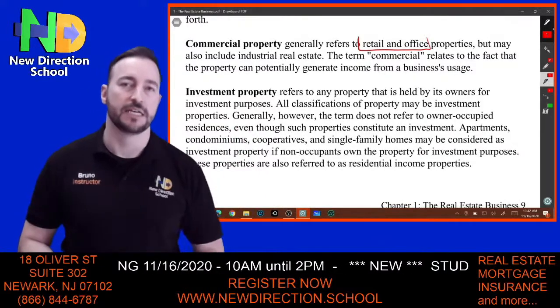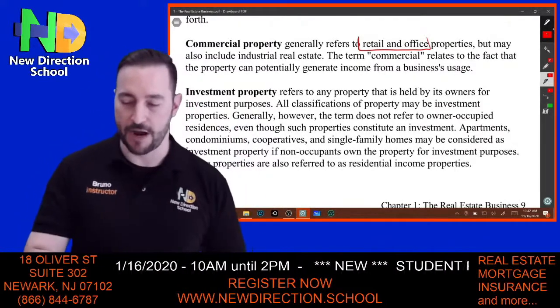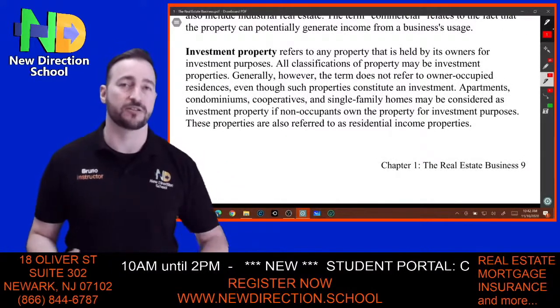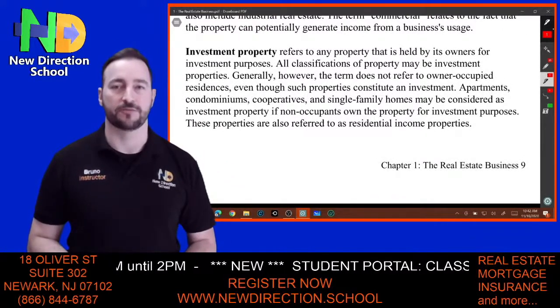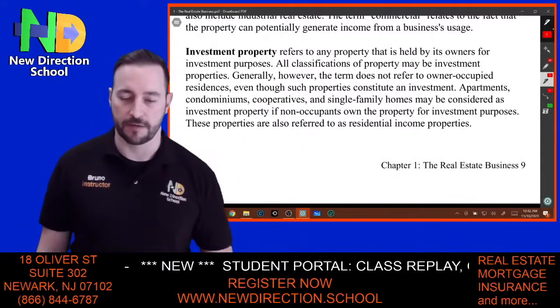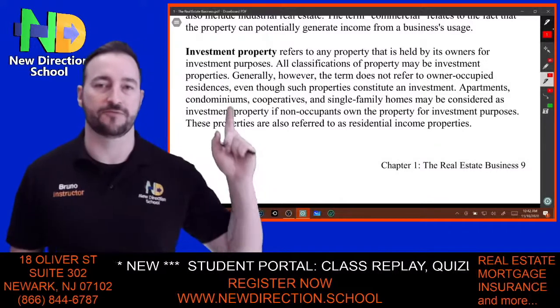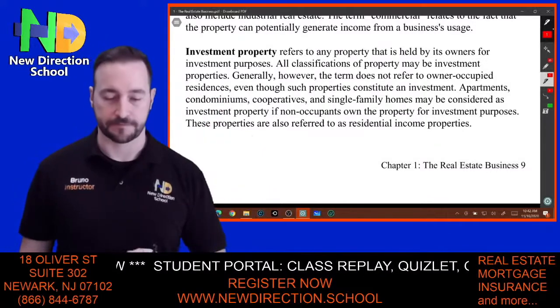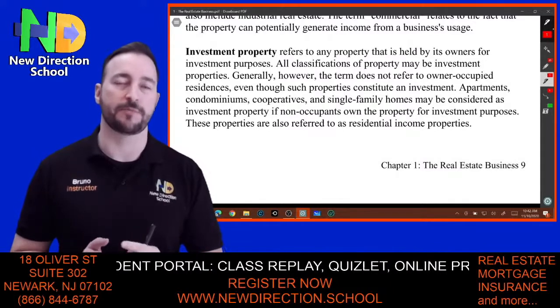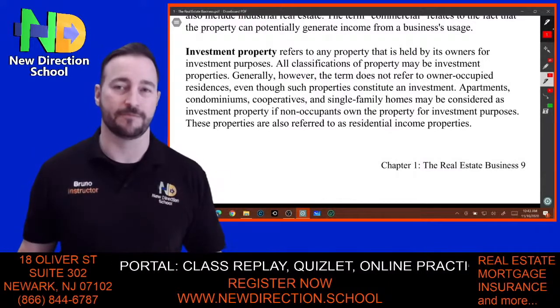Investment properties. These refer to any property that is held by its owners for investment purposes, and all classifications of property may be investment properties. Okay? Generally, however, the term does not refer to owner-occupied residences. So, an investment property, even though you could be owner-occupied, usually is one that generates income, right?